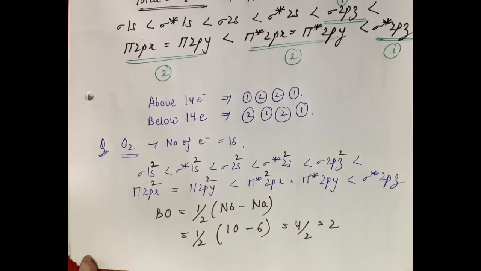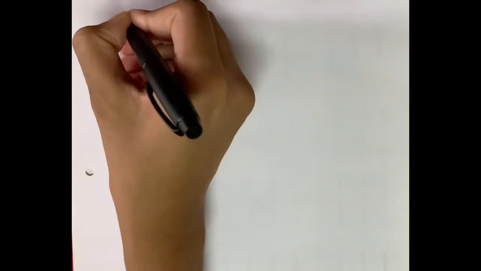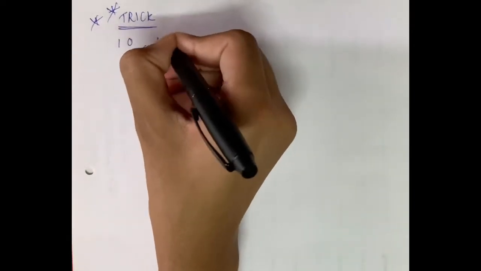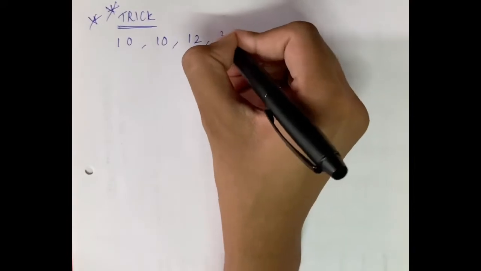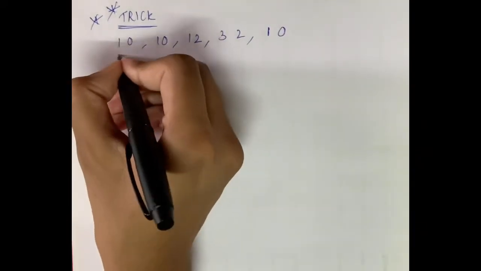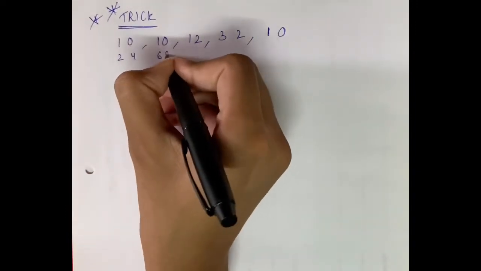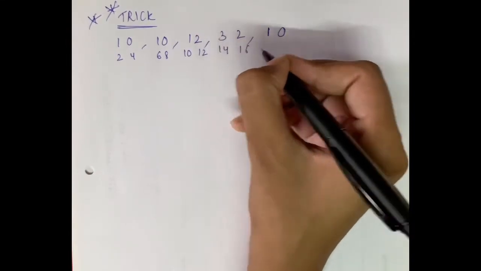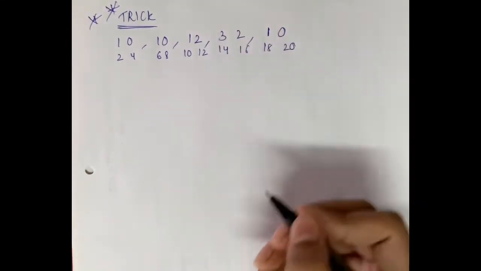So now let's move to the trick that you all have been waiting for, the trick to calculate the bond order in less than 10 seconds. All you have to do is write 1 0, 1 0, 1 2, 3 2 and 1 0. And below each digit you have to write 2, 4, 6, 8, 10, 12, 14, 16, 18 and 20.